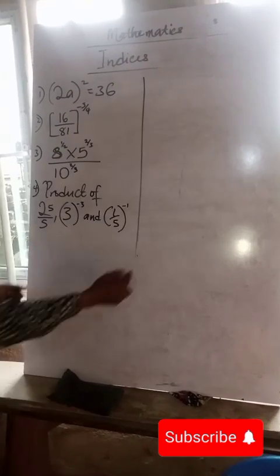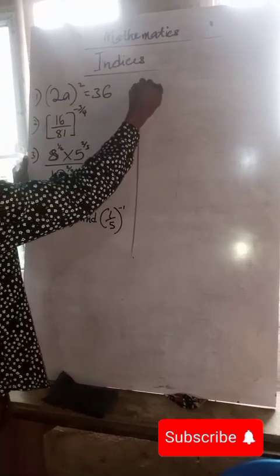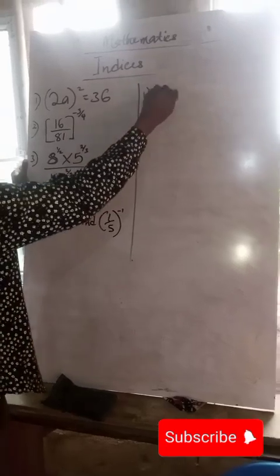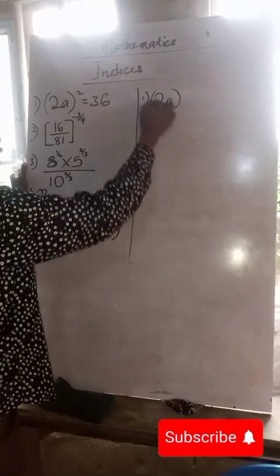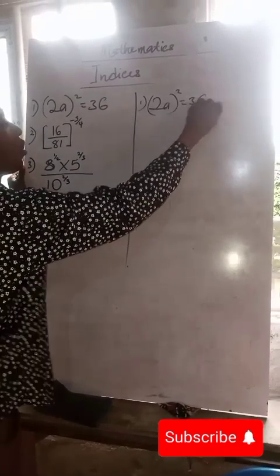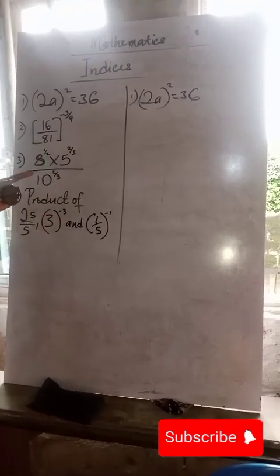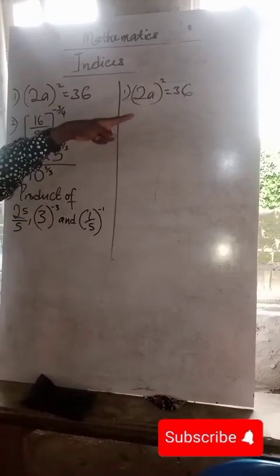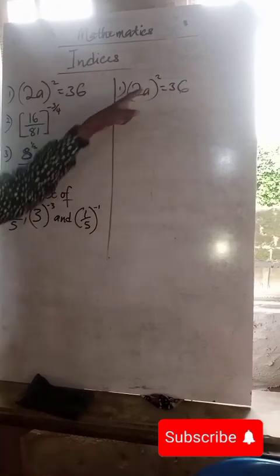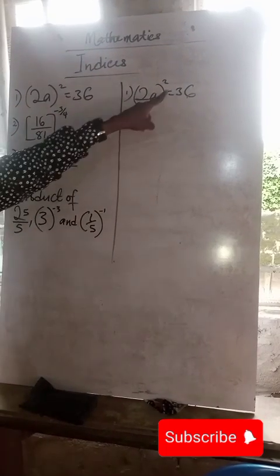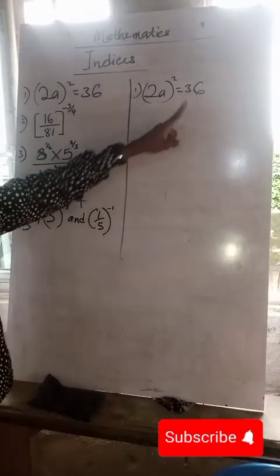How do we work on this? Number 1, we were told that 2a square is equals 36. So quickly, remember, if you were in my previous class, I told us that anytime a square is crossing the equal sign, it becomes a square root.